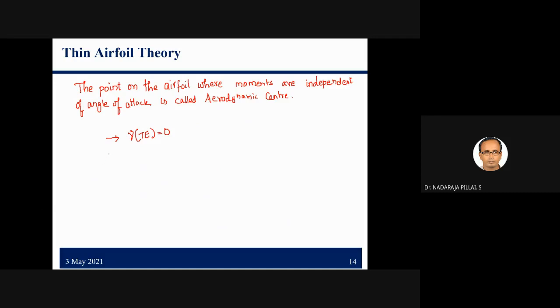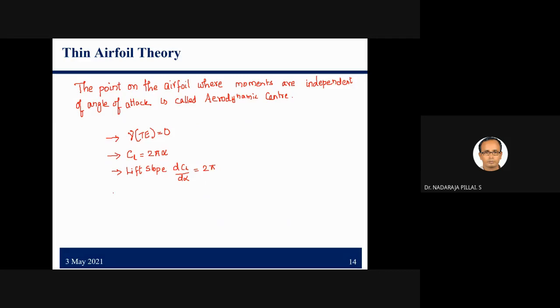So the results are, one is CL, that is equal to 2 pi alpha. And the next point is the lift slope. The lift slope dCl by d alpha is equal to 2 pi.